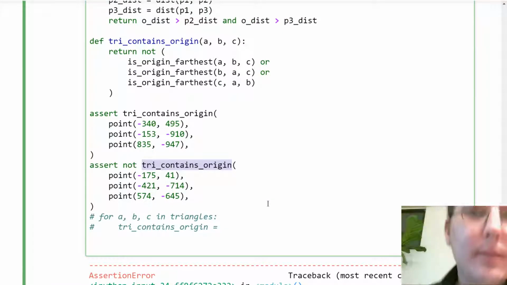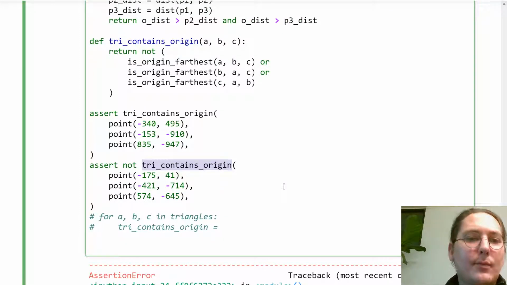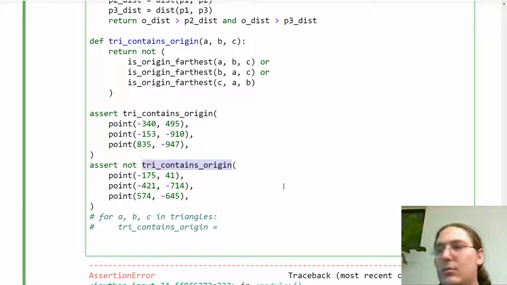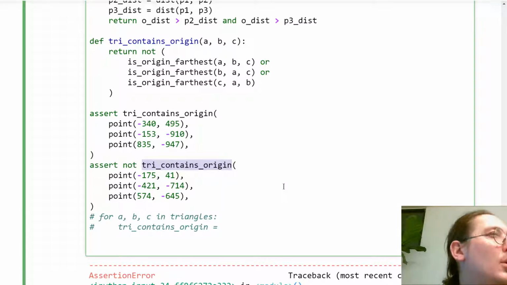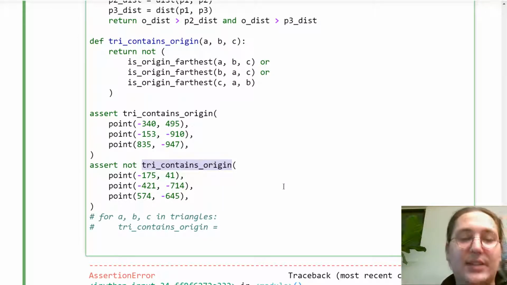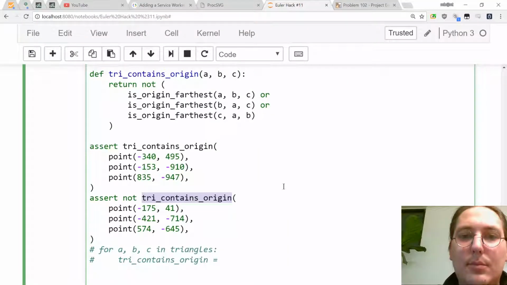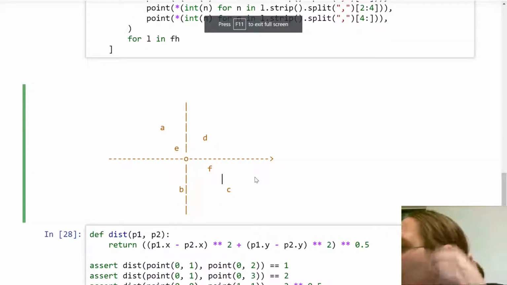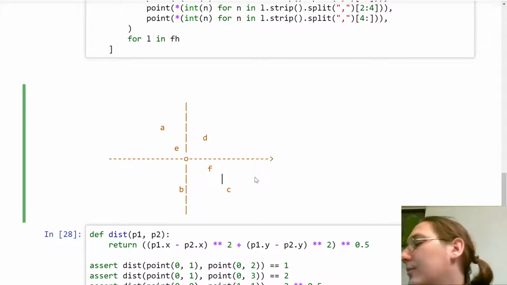I think the problem is, if we do it like this, we are kind of drawing circles around for the distances, right? So imagine this is our triangle. Don't care where the origin is, could be anywhere.